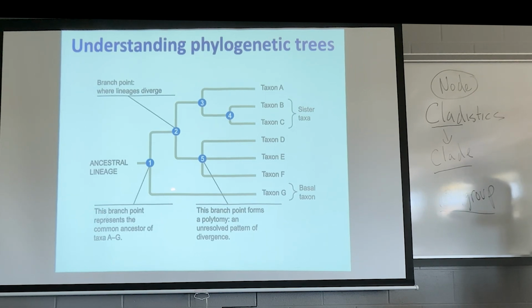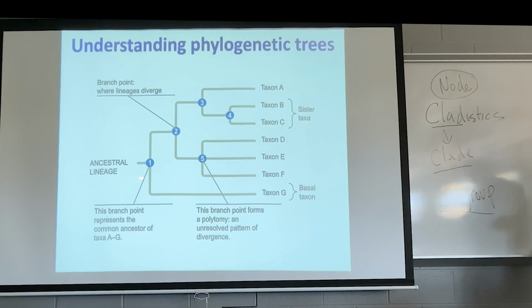So, for example, taxon G might have some very primitive or ancestral characteristics that are also seen in the rest of the taxa, but it doesn't have the traits that go into common ancestor 1 and common ancestor 2. So it's going to be missing some of the traits that the rest of this group of organisms has, or what we're calling the clade.